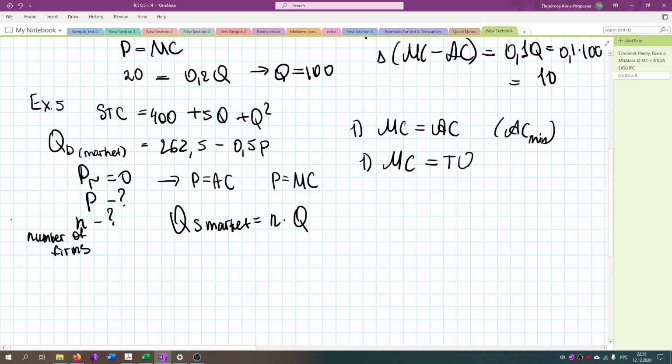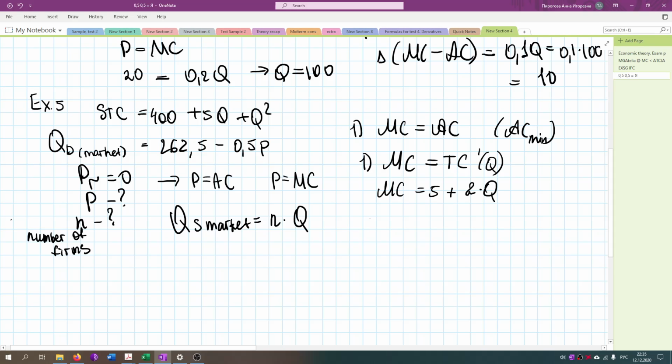It is the derivative from our total cost. So the derivative from 400 is 0. Derivative from this part is 5. The marginal cost is 5, plus we take the power from q, and the q will remain in the first power.